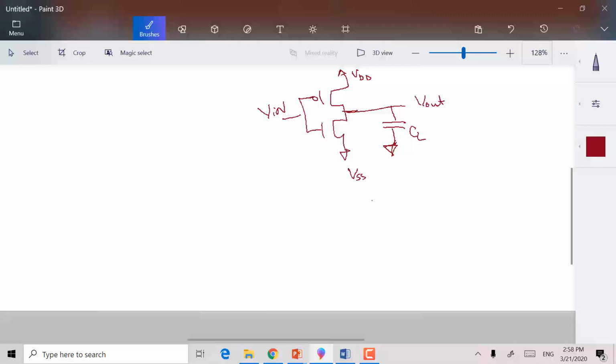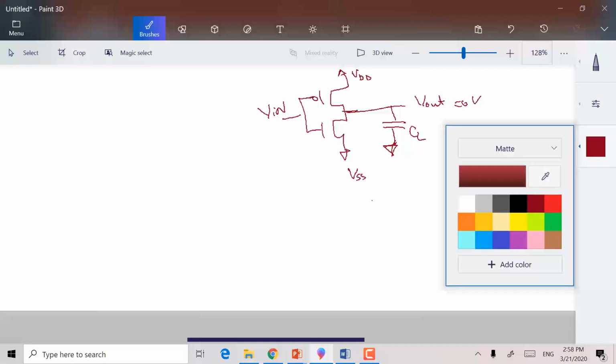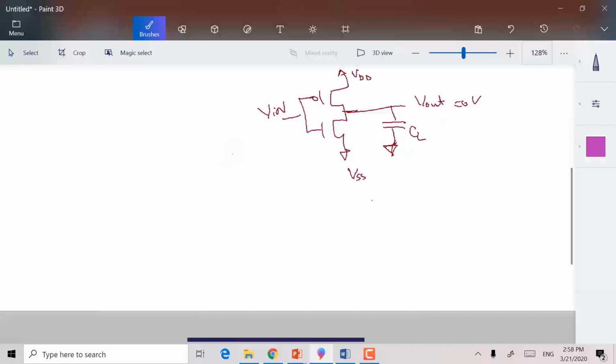Now, suppose initially I have Vout equals 0 volt, and I switch the input here. Let's say, for example, the input is switched. So this is my volts and the time. So let's say the input has switched from 1 to 0.